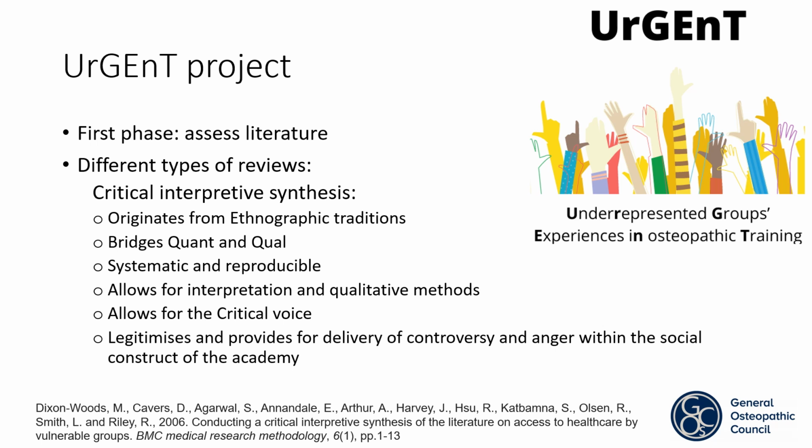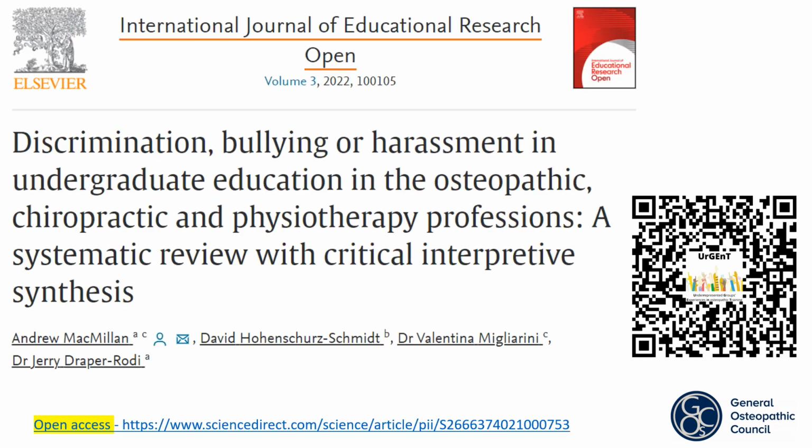The first phase of that project was to do a systematic review that was looking at the existing evidence for osteopathy, but also chiropractic and physiotherapy, looking at harassment, bullying, and discrimination. The findings were published in the International Journal of Educational Research Open, and the QR code on the right-hand side will take you directly to the manuscript, which is in open access.